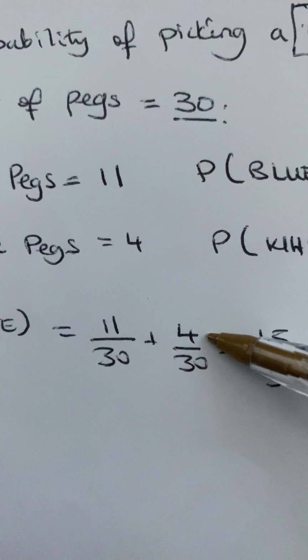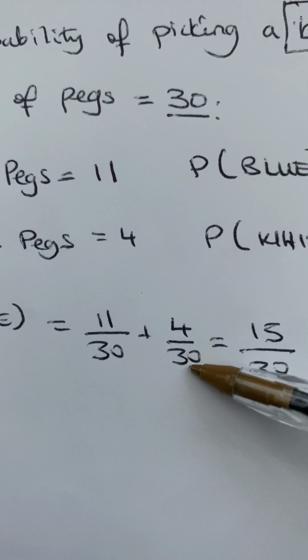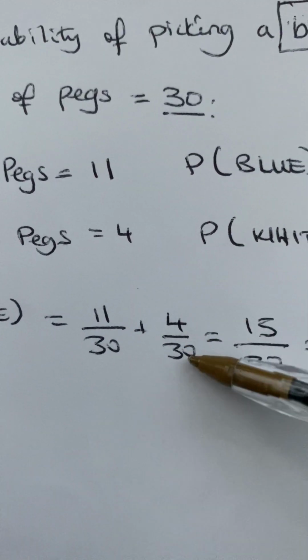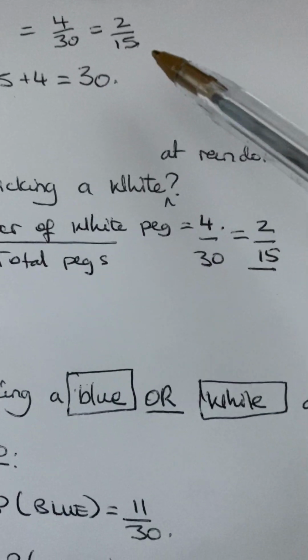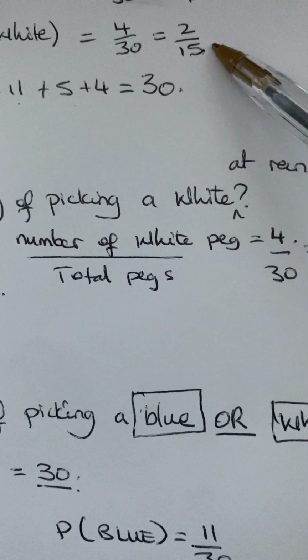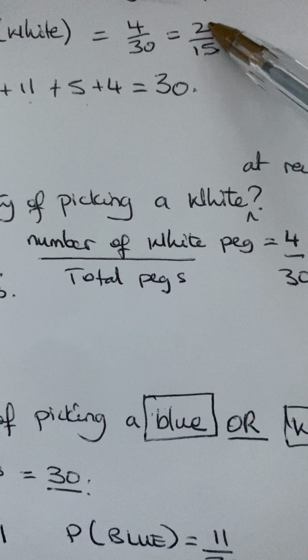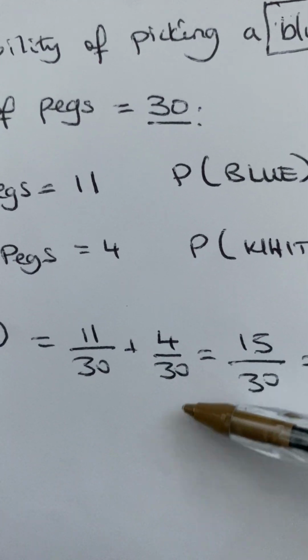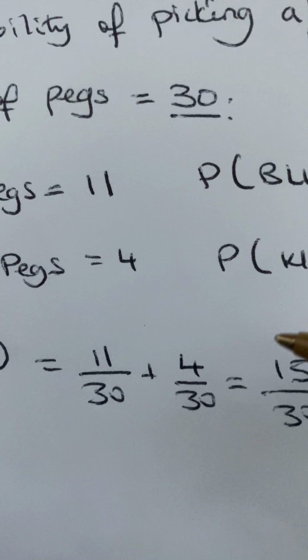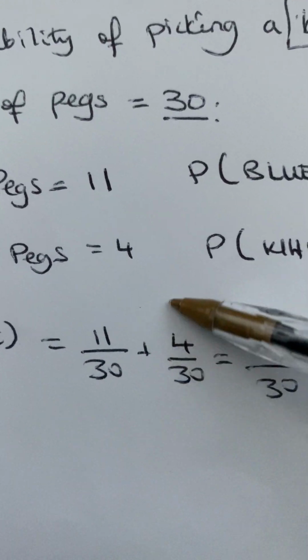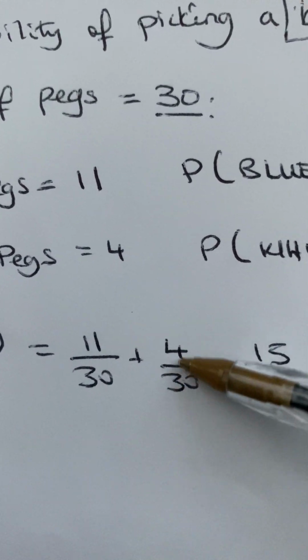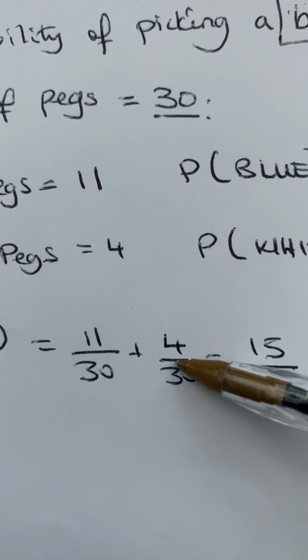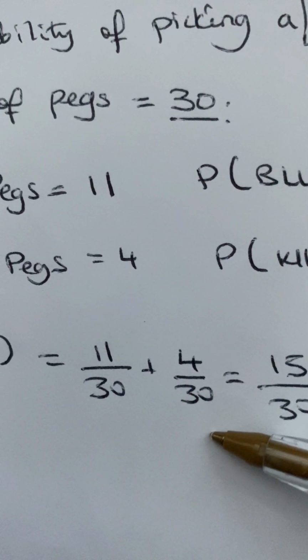So I'll use 4 out of 30 instead of 2 out of 15. You remember what I told you about identities? These 2 out of 15 and 4 out of 30 are identical. So instead of using 2 out of 15 here, I'll rather use 4 out of 30.